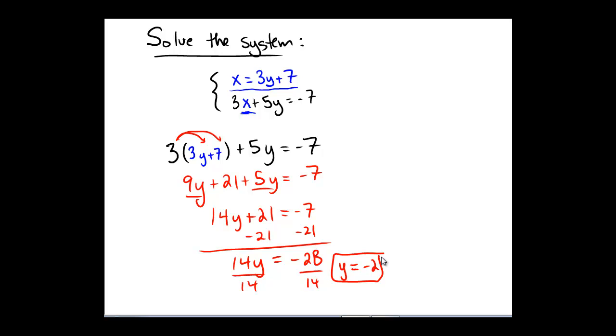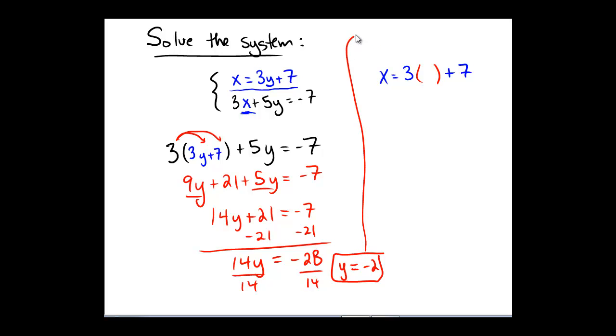We still have to come up to the beginning and remember that x was equal to 3 times y plus 7. But now we've done this work to figure out what y is. y is negative 2.